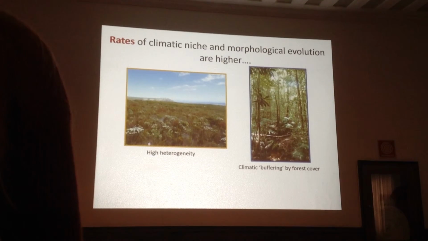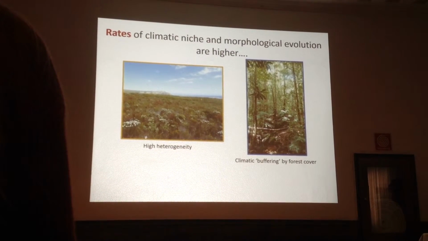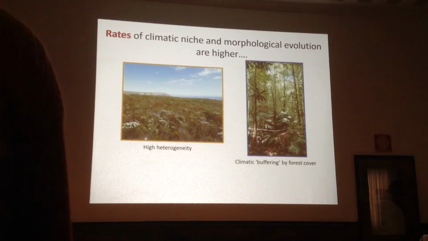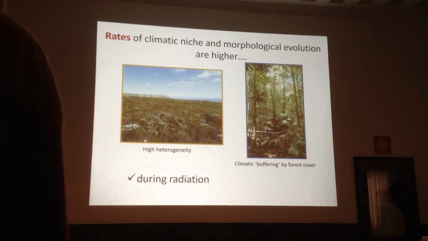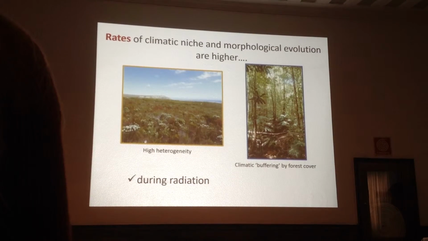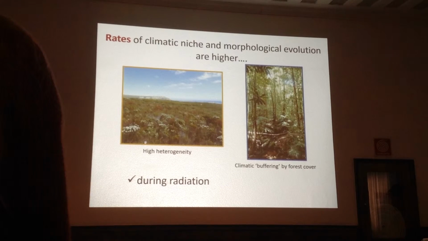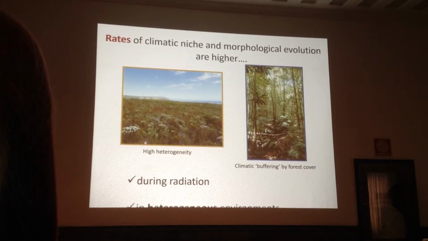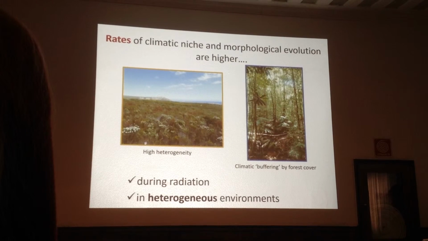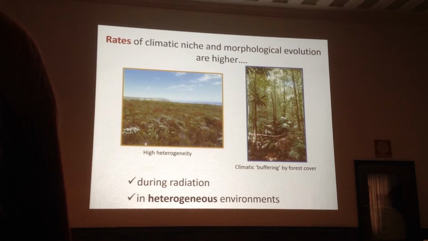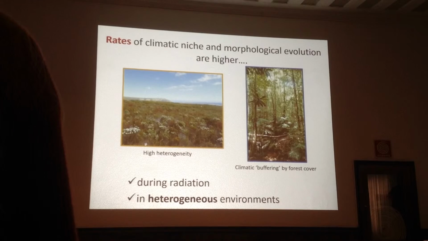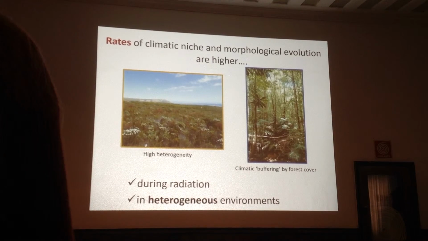Coming back to our predictions, rates of climatic niche and morphological evolution are higher during radiations, as was shown, since these open vegetation clades have undergone radiations, increased rates of diversification. And we hypothesized that this is also the case in heterogeneous environments, although we don't have a direct measure of that.